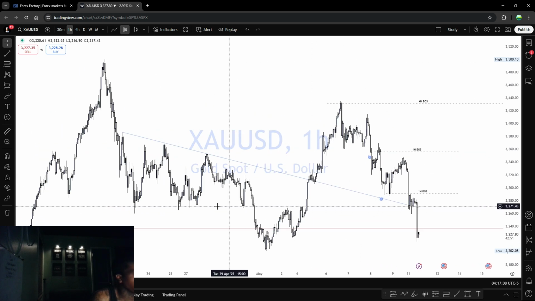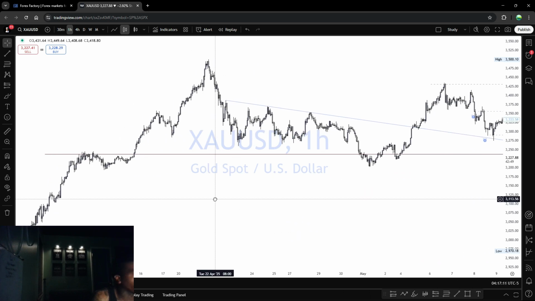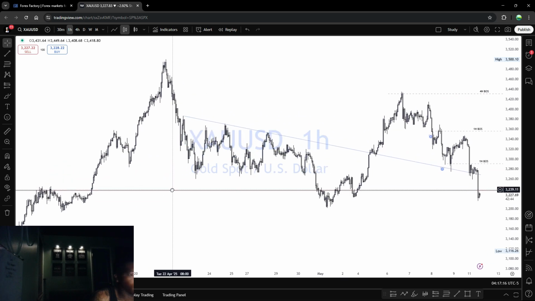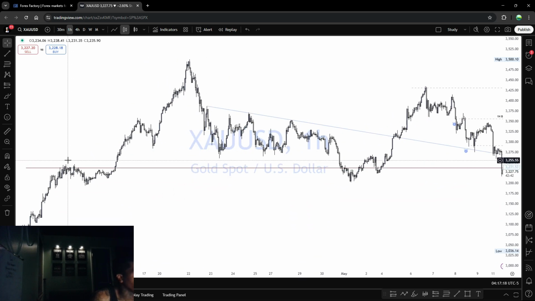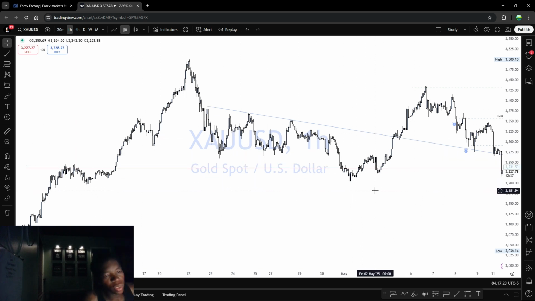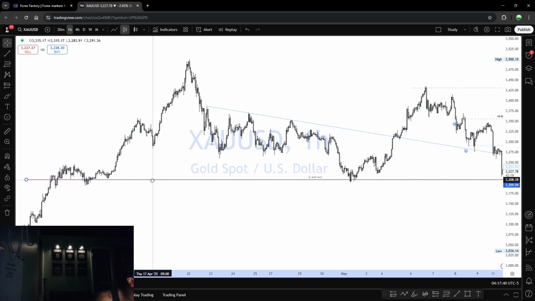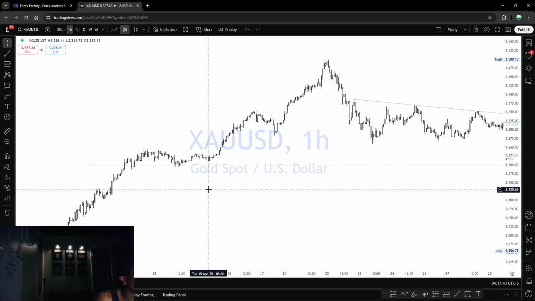So I have this daily here. And what I think I'm actually going to do is update this line, because I got it behind, pushing up, and it's trading between it. So what I actually could do is put it at the low. Let's adjust this a lot. So we put it at the low here.